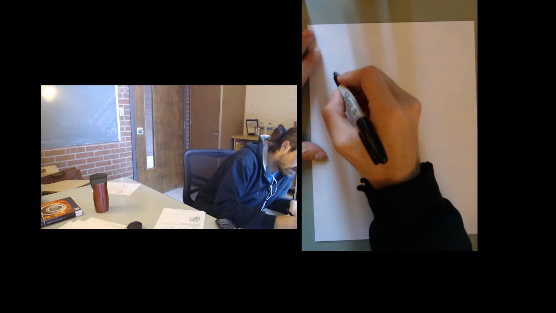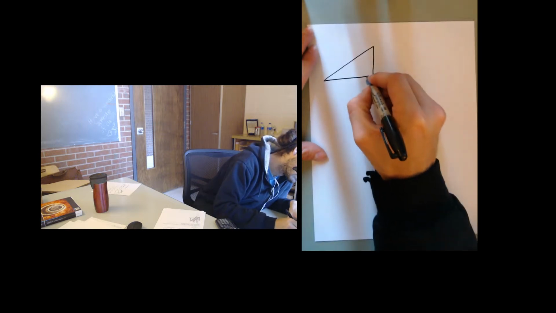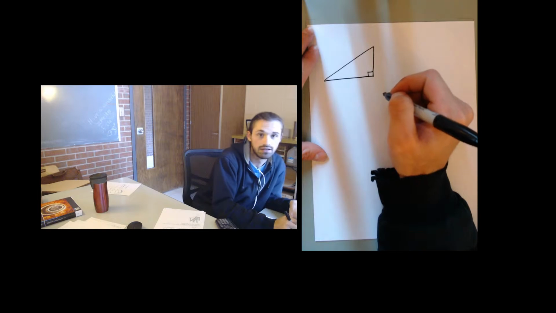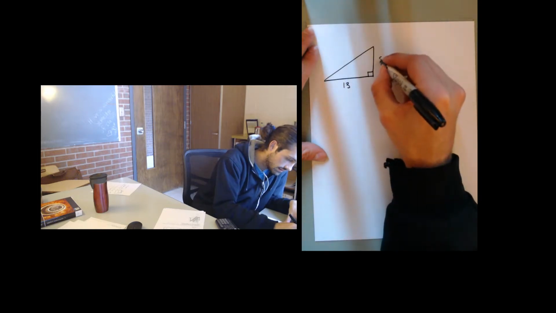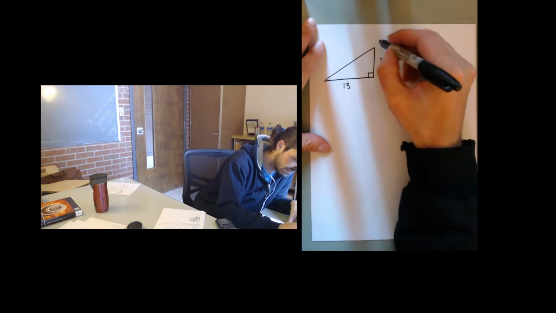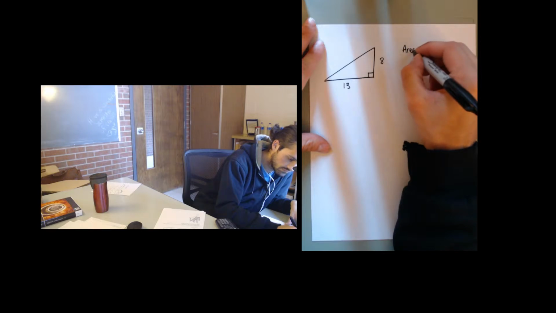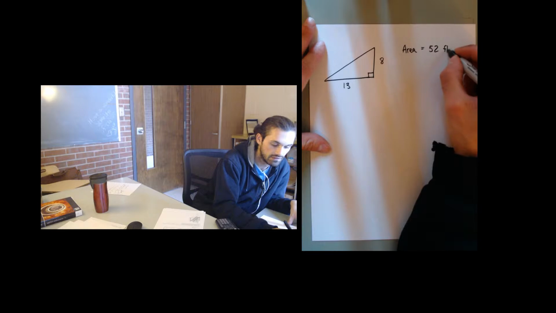Alright, so we have a right triangle with a base of 13, height of 8, and we're told that the area is 52 square feet.